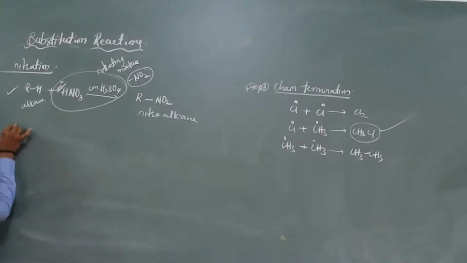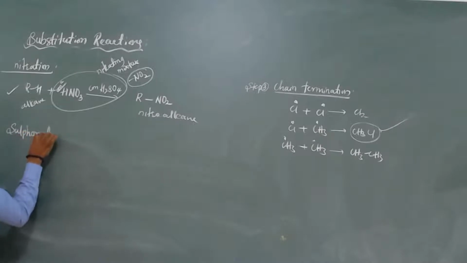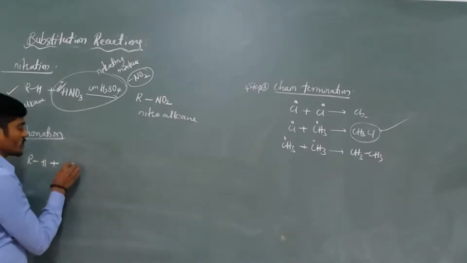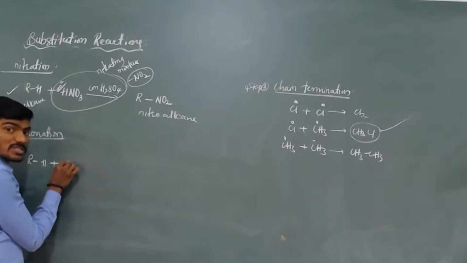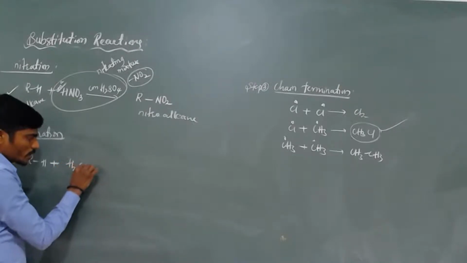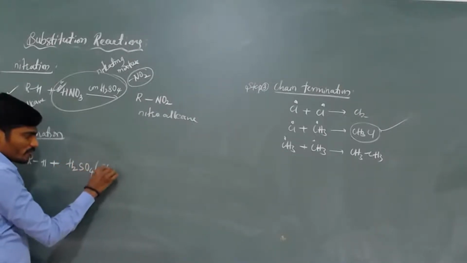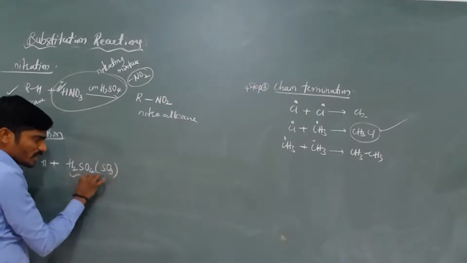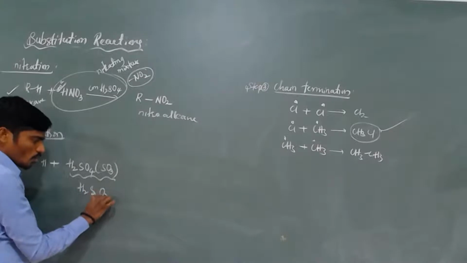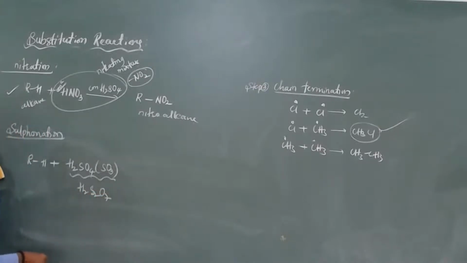Nitration. Next, sulfonation. When alkanes undergo sulfonation, it is in the presence of oleum, a mixture of H2SO4 and SO3, or simply H2S2O7.